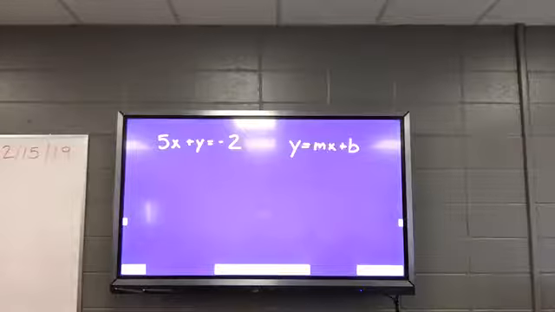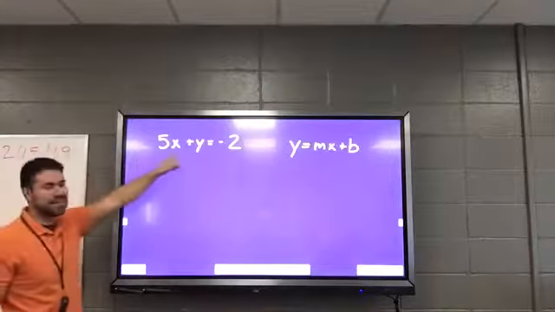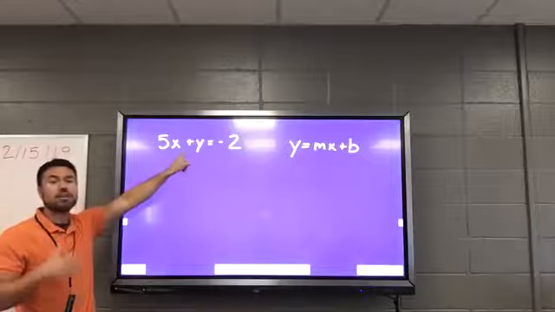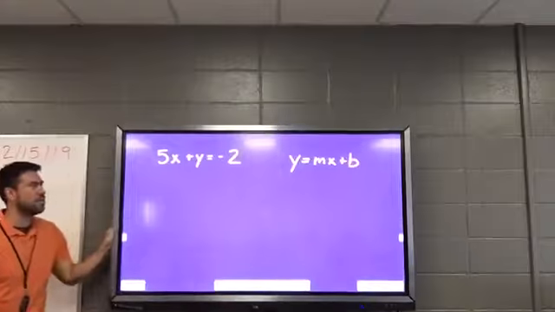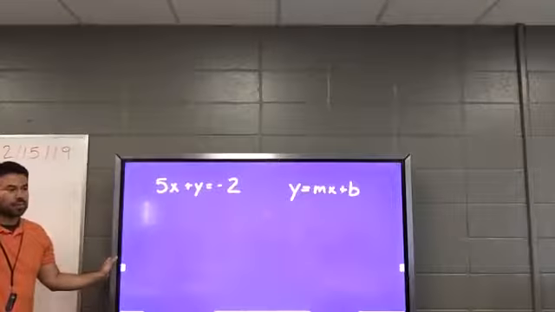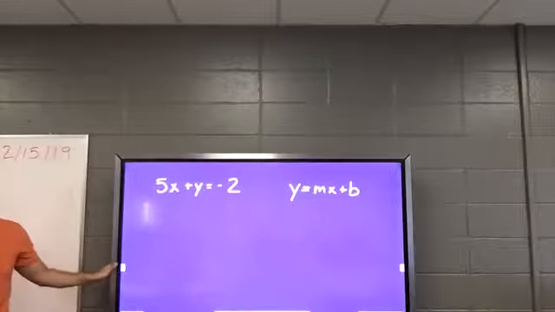So remember, in slope-intercept form, what is all by itself? Y. So I'm looking at this and I'm saying, oh man, Y is not by itself. So get it by itself by using your algebraic principles. And really you're using your properties again, because that's just the basis of math.